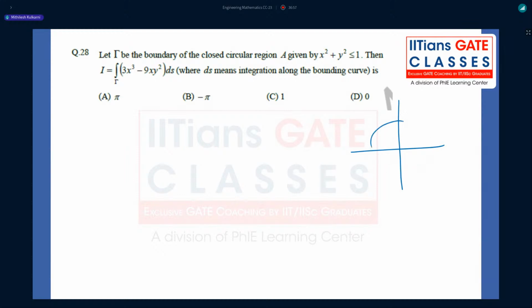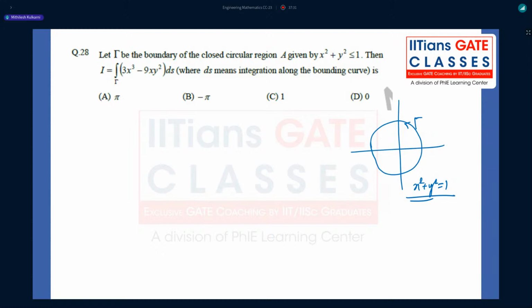Let me just draw it again. So this is a circle with a radius 1. So all the points lying on this curve have value of r or radius equal to 1. Okay, x square plus y square equal to 1 is the equation of the circle, with radius r. So if you trace any point on this gamma closed curve, the value of r is equal to 1.